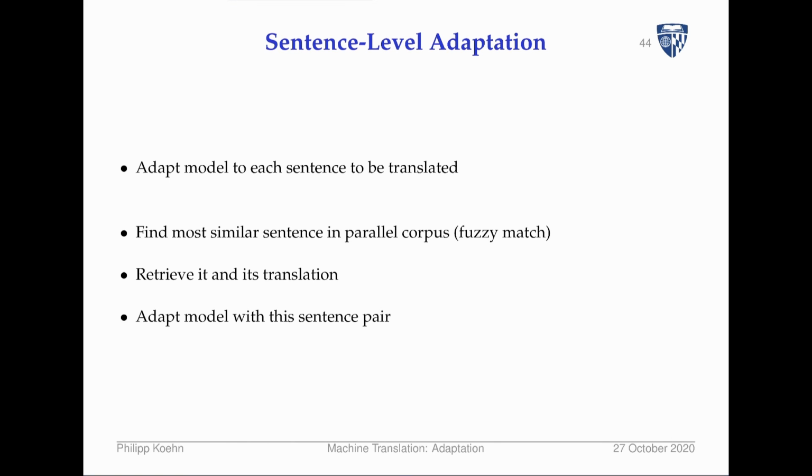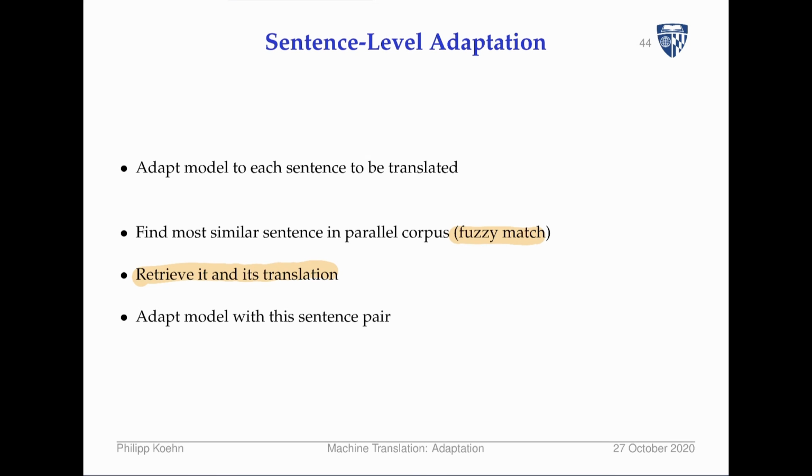There's a whole range of methods that go about finding the most similar sentence in the parallel corpus. This is called a fuzzy match and has a long tradition in tools for human translators. So you retrieve that and its translation. Maybe the sentence you have to translate was already translated before, or maybe it just differs by a different date or a different brand name.